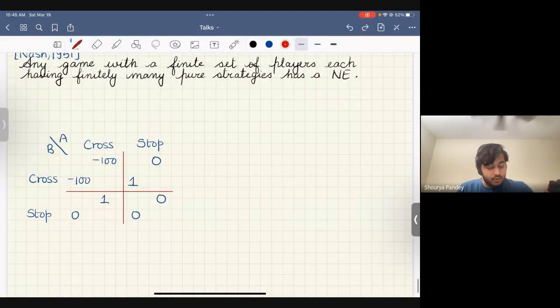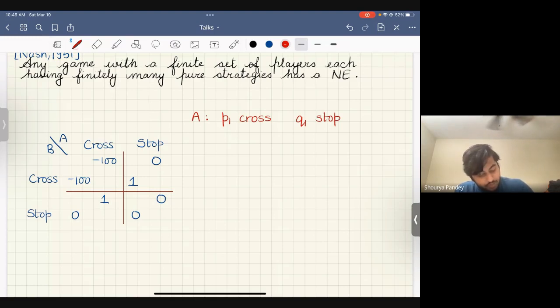Suppose I have a Nash equilibrium where A crosses with probability P1 and doesn't cross with probability Q1, which is 1 minus P1, and B crosses with probability P2 and doesn't cross with probability Q2.